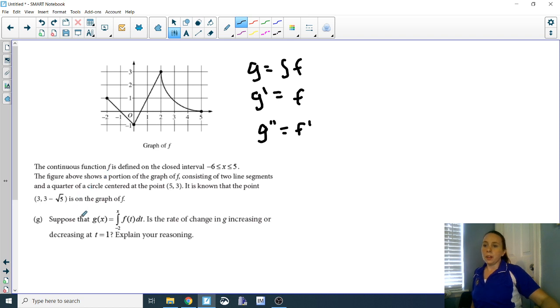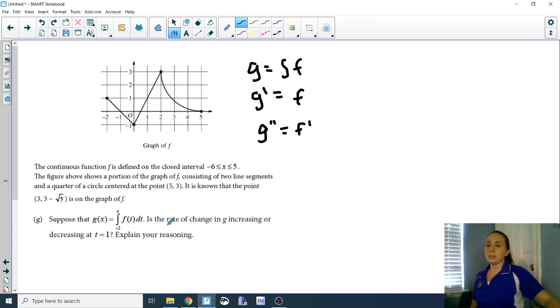Okay, so the question is: is the rate of change in G increasing or decreasing at t equals 1? Explain your reasoning. All right, so you're not going to do a ton of calculation here. The most important thing to do in this question is interpret what it's asking you. Is the rate of change in G increasing or decreasing?